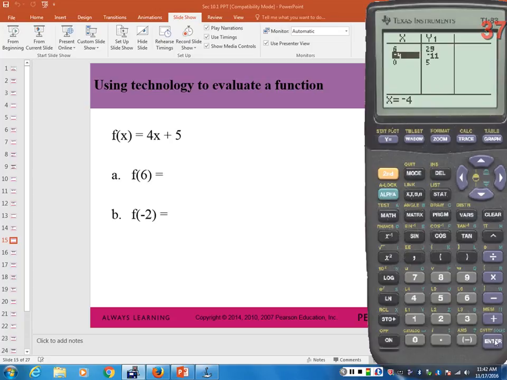It's 29. What is f of negative 2? It's negative 3. And any other number that we wanted to put in there, we could. If it had asked us for 20 different numbers, we could have gotten them all just by entering them in the X column. Okay? The table method is a little bit faster, but both methods begin the same way.